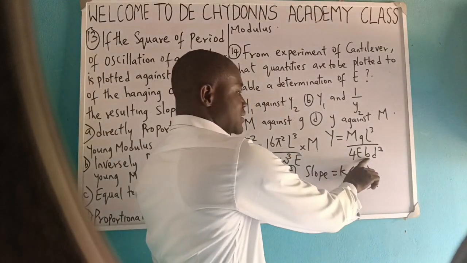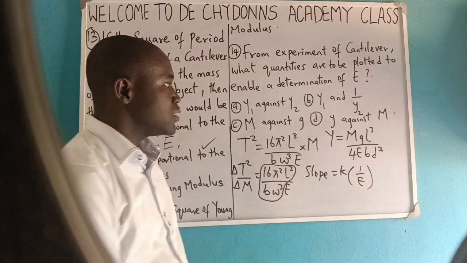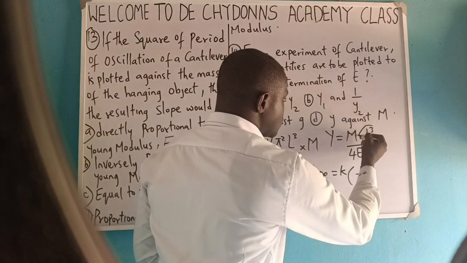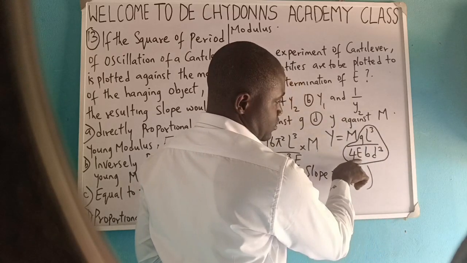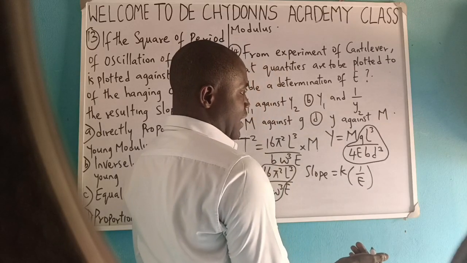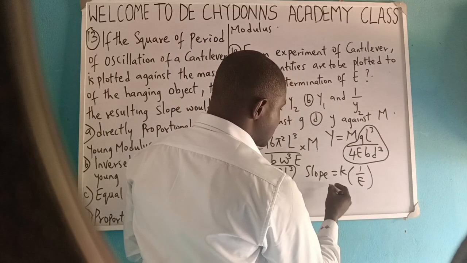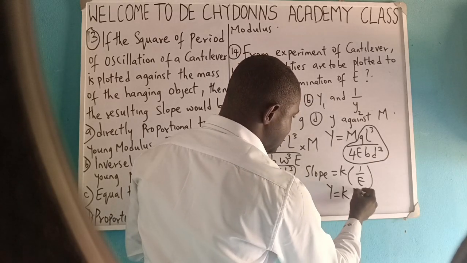This is the breadth and this is the thickness. So the whole of this will now become a constant, K, where you will say Y is equal to K times M.